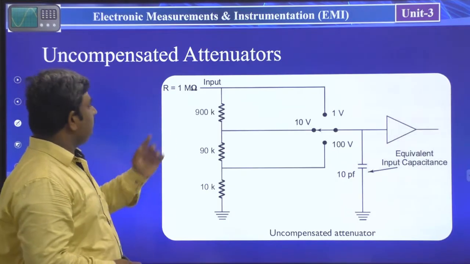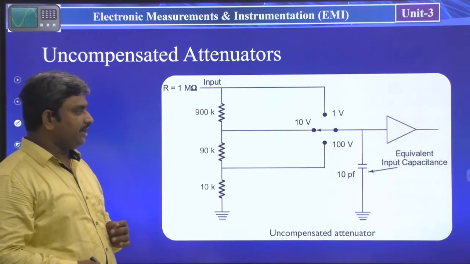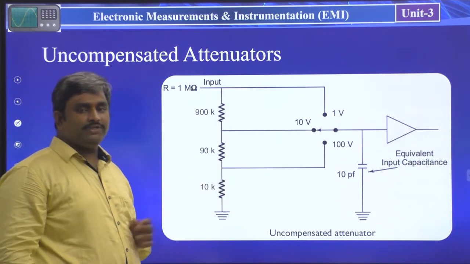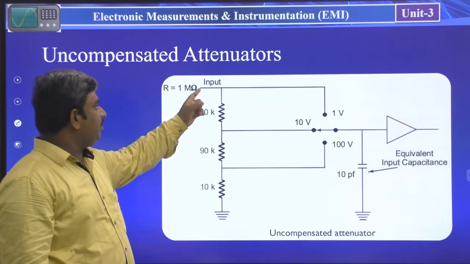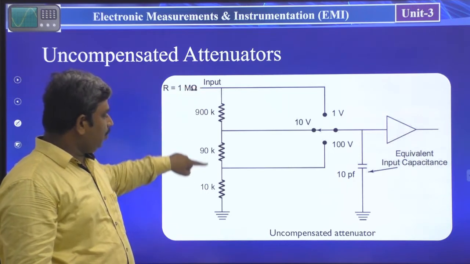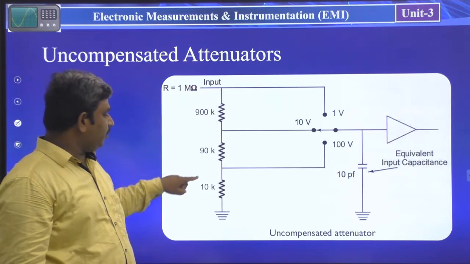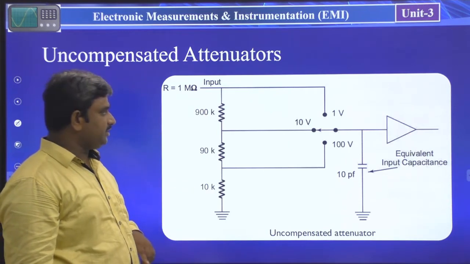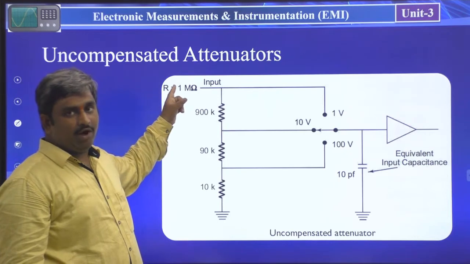So coming to here, this is the uncompensated attenuator. In this uncompensated attenuator circuit, we are giving an input signal with 1 megaohm impedance, and here we have a voltage divider network with 900 kilo ohms, 90 kilo ohms, and 10 kilo ohms resistances. So here we have the maximum signal output.